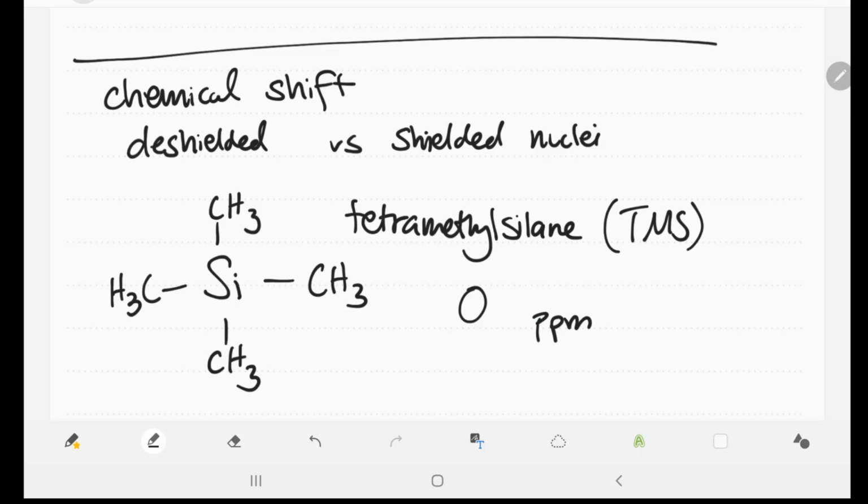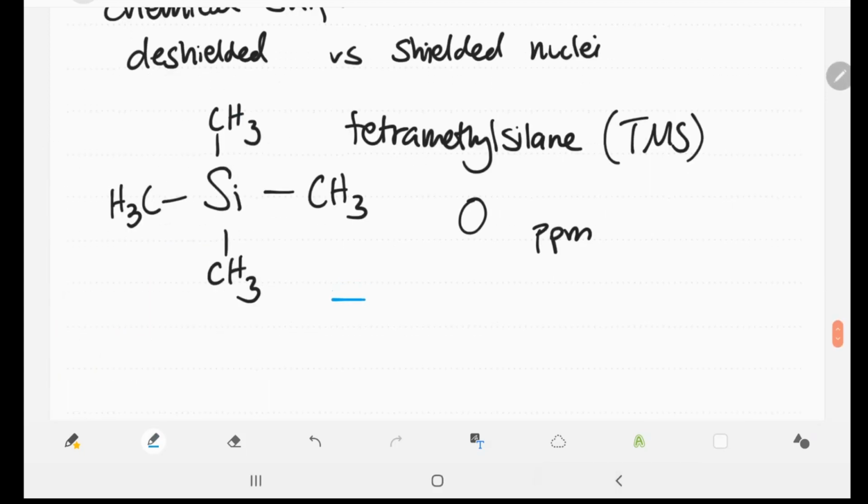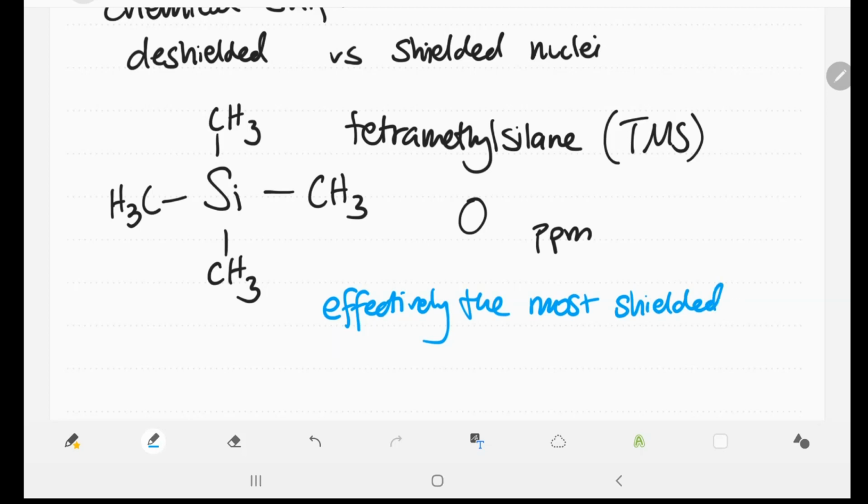We say that this is kind of the least de-shielded you can be. So we say that these are going to be our most shielded nuclei.